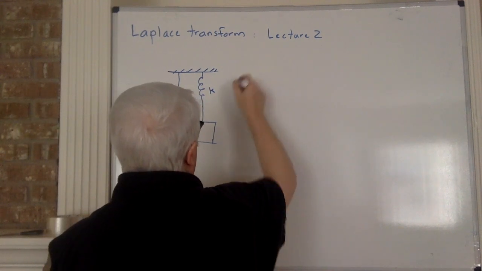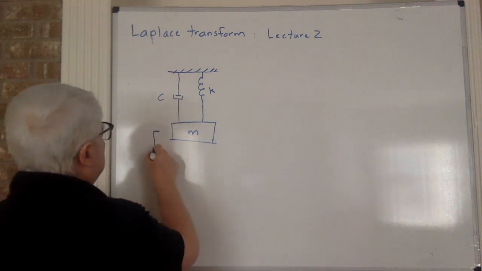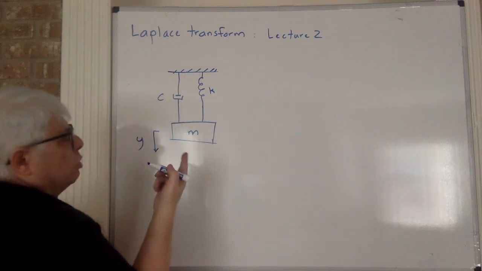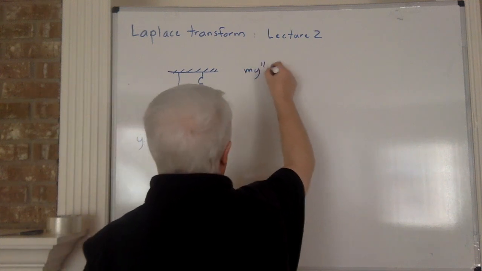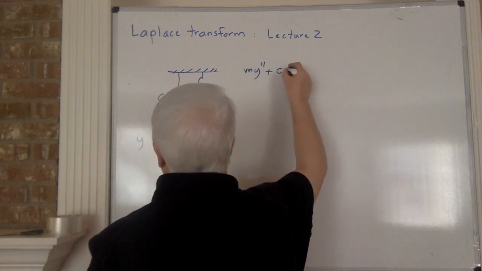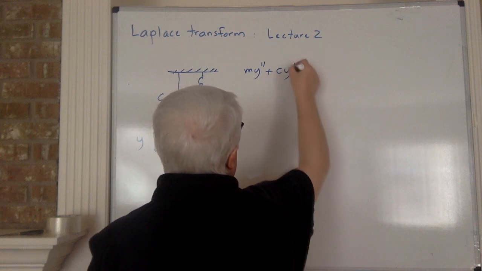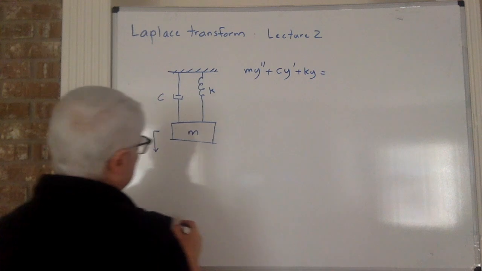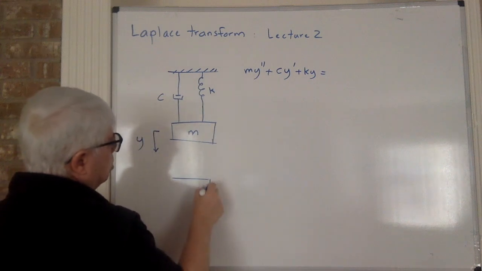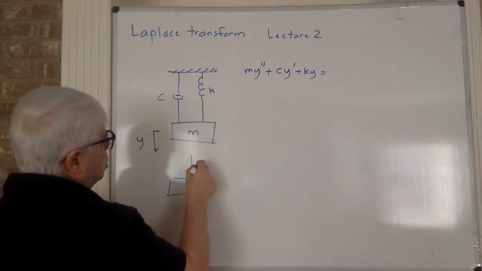And remember the equation, so this is say y, and let me write y double prime. So I have m y double prime plus c y prime plus k y. And let's assume that there is some magnet here, some device that produces some force.